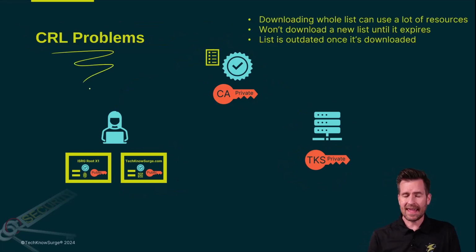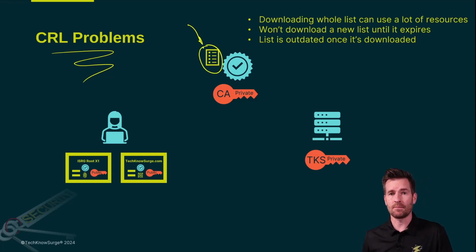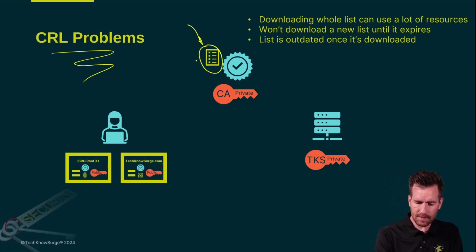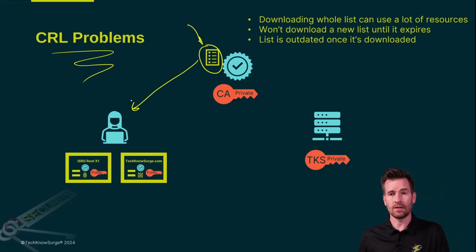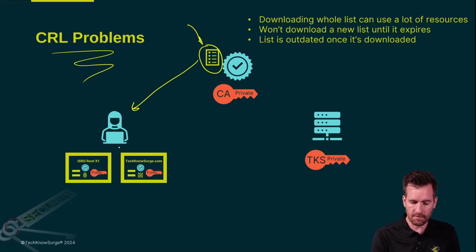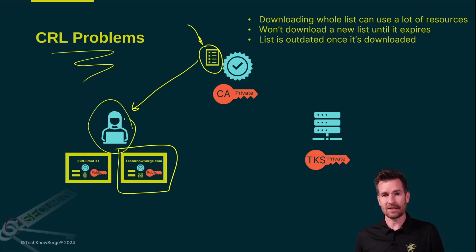Using this method can be problematic. One problem is that the list can become quite large, and downloading a large list every time you want to verify a certificate would make it look to the end user like that site is being slow.